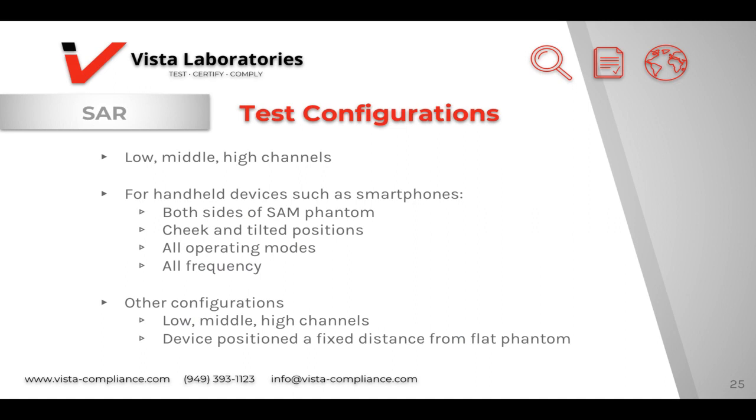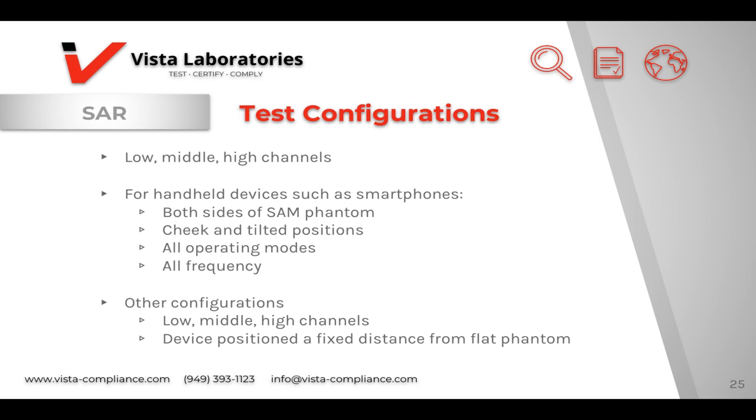So there's multiple test configurations required for SAR testing. Usually we test the low, middle, and high channels, and for example, handsets, smartphones, we use the left side and the right side of the SAM phantom, which is the one that looks like a human mannequin, and then also in cheek touching positions and different tilts.